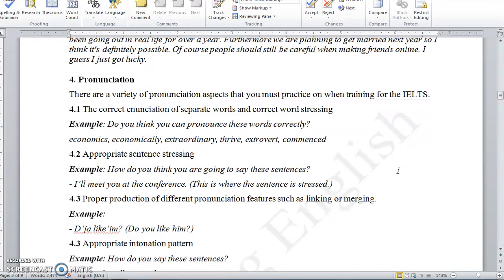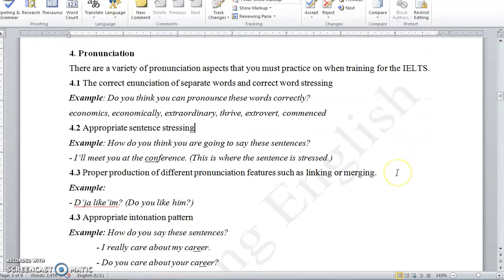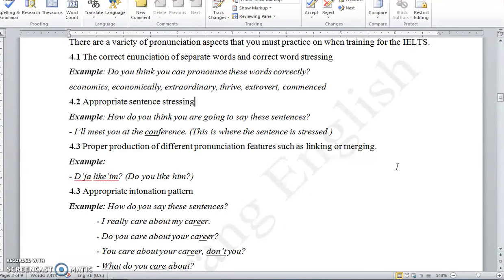Now besides word stress, we have sentence stressing. What do I mean by sentence stressing? When a native speaker talks, usually they have a very strong syllable in a certain chunk in one sentence. For example, look at this sentence: "I'll meet you at the conference." Do you think a native speaker is going to say it like that?